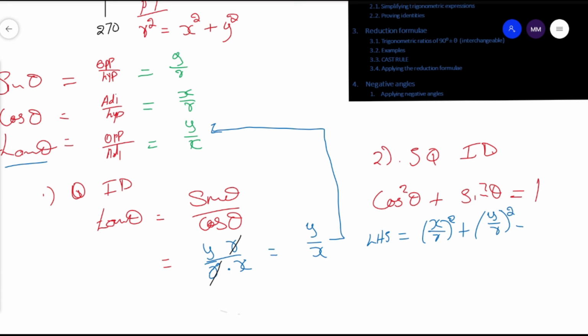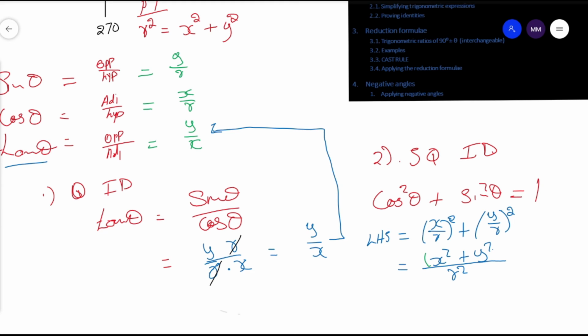And then we simplify, and after simplifying we have x squared plus y squared divided by r squared. But I need you to notice something over here.